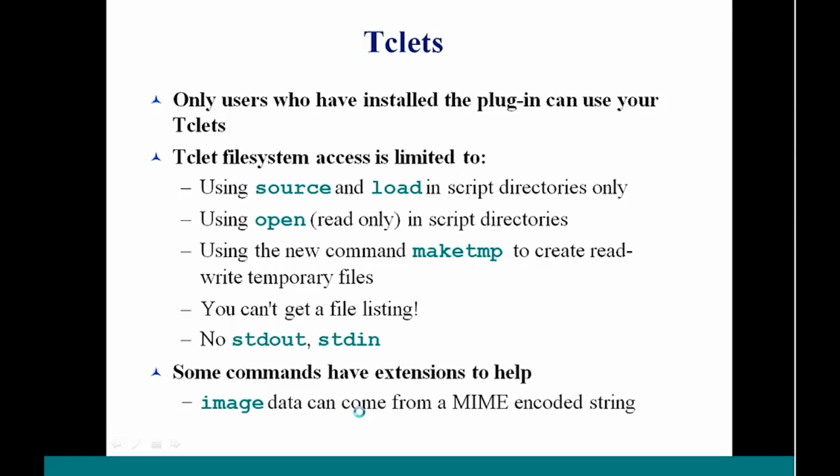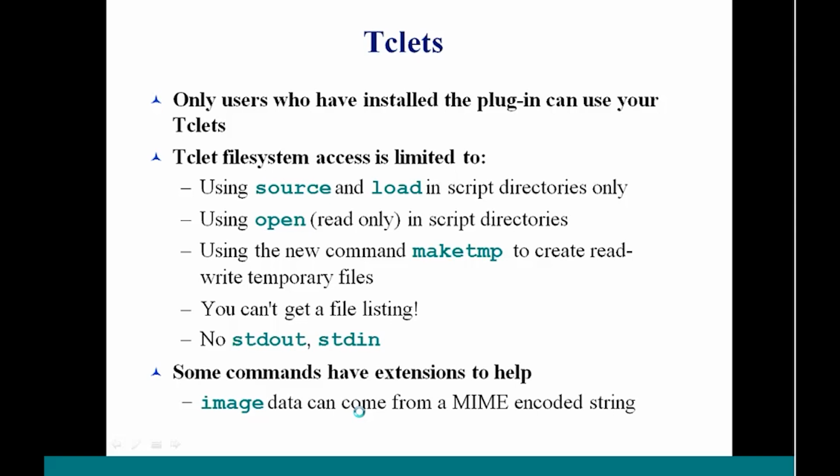And then you have to use open as read only in the script directories, so you can read from the script directory but not write to it. And then using the new command make temp to create a read write temporary directory.